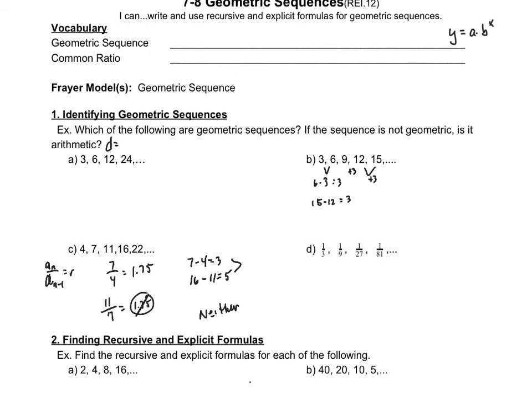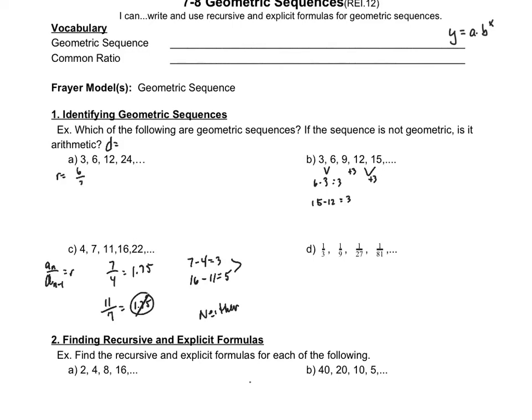And up until about Algebra 2, the only functions that we are really going to work with in this case are sequences, which will be our geometric or our linear, arithmetic sequences. So now if we're looking for an r, remember we're taking one term and dividing it by the previous term.